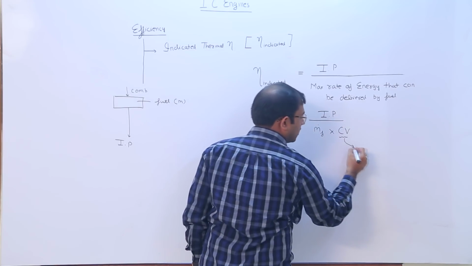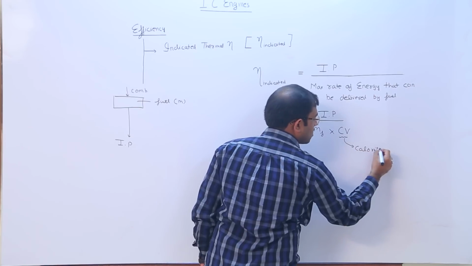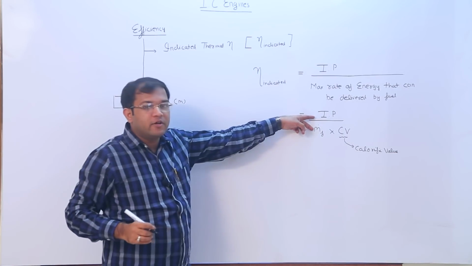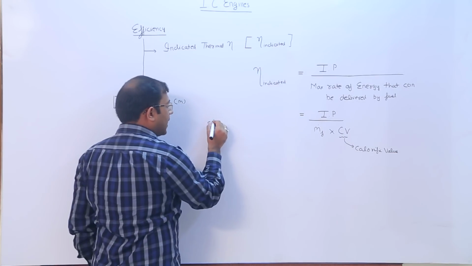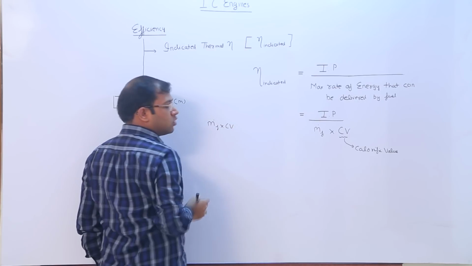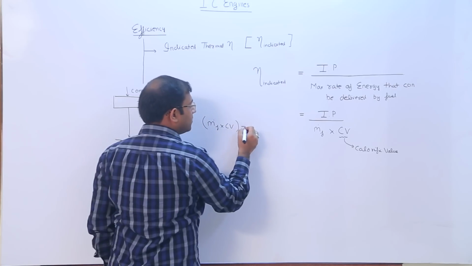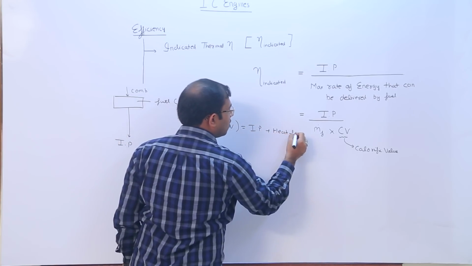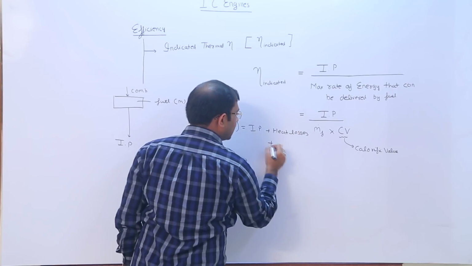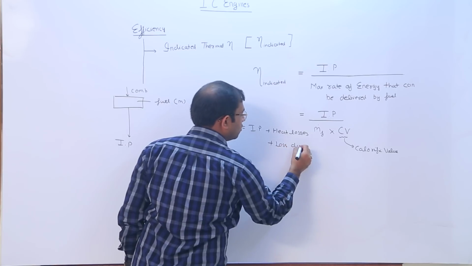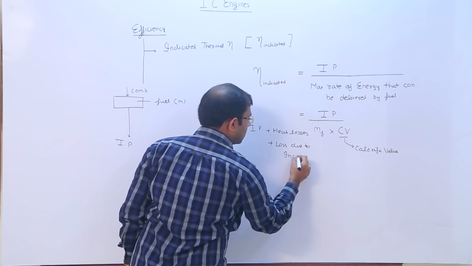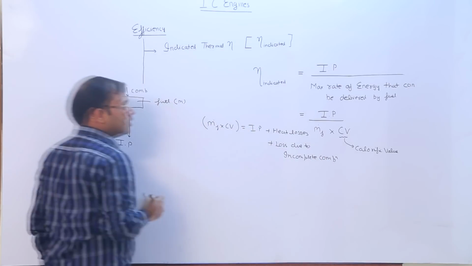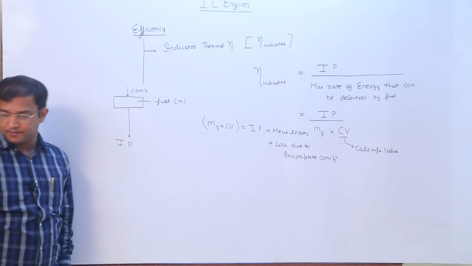This is nothing but your calorific value. And the relation between the two can be written as m dot f into calorific value is nothing but your indicated power plus heat losses plus loss due to incomplete combustion. Fine.